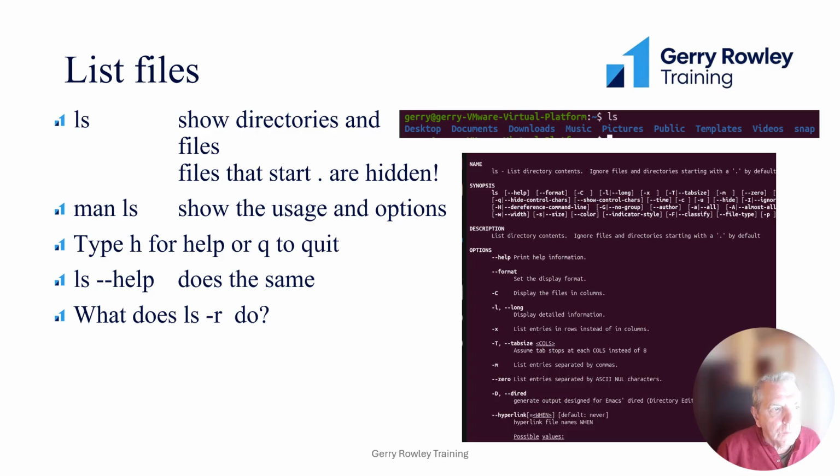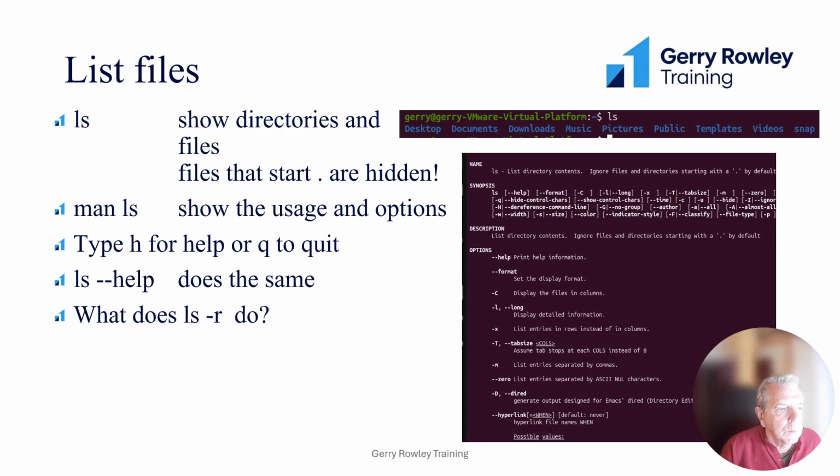Now, in previous versions of man, when you typed man, it would speed up across the screen. So this version I'm using has an H for help and Q for quit. Q for quit will take you back to the command line, and H for help will take you into the less commands, which I'll show you on the next screen. ls space dash dash help will show you a shorter version of help, which you might find useful.